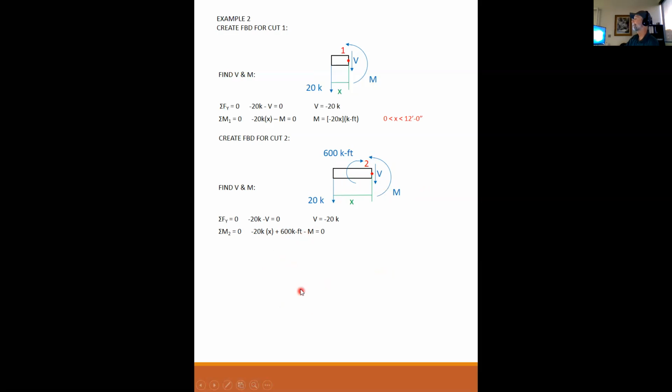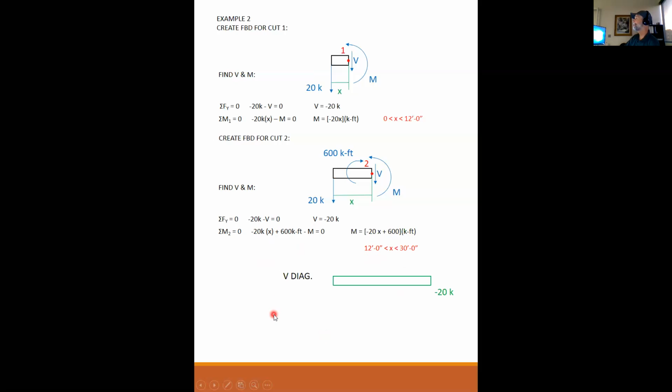It is negative. And notice I'm being very careful to describe why this is negative, why this is positive, why this is negative. It's important to get those points right. Solving, my moment is equal to minus 20x plus 600, and the units are kip feet. This answer is valid between 12 and 30 feet.